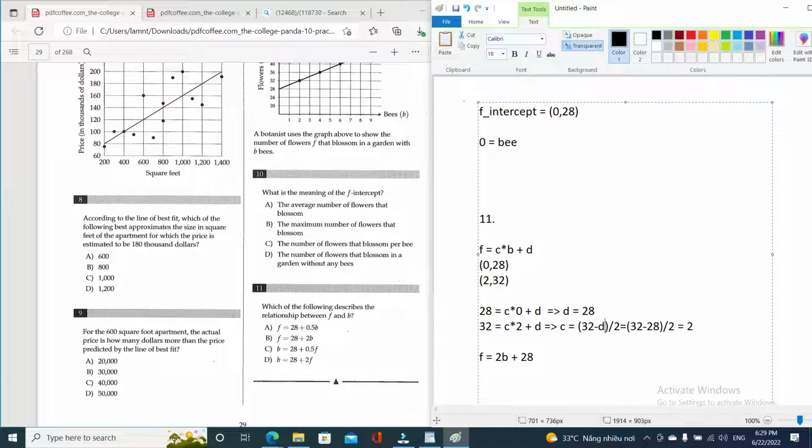So anyway, F is equal to 2B plus 28. It should be B. Let's check.